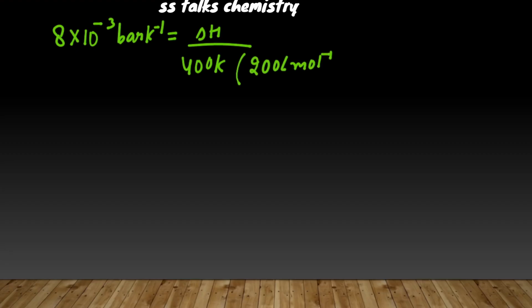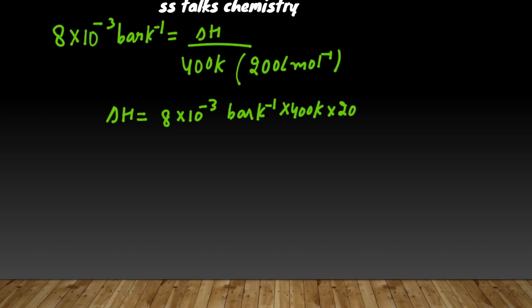For the liquid phase the volume was 0, so we are neglecting it. So from here delta H is 8 into 10 to the power of minus 3 bar per Kelvin, into 400 Kelvin, into 200 liter per mole. This is what we are getting, right?